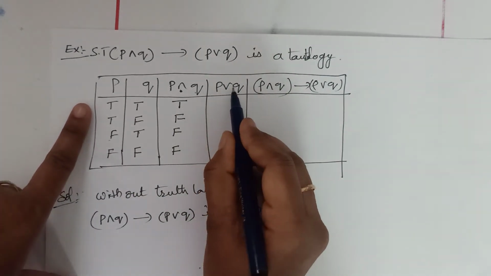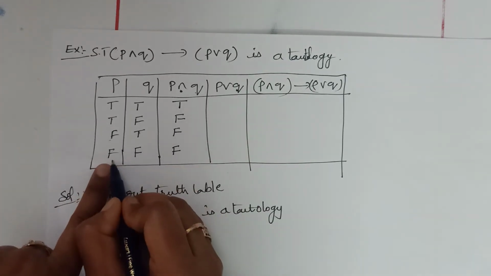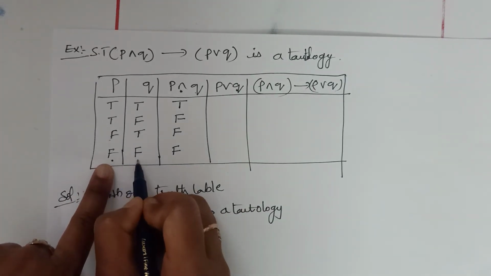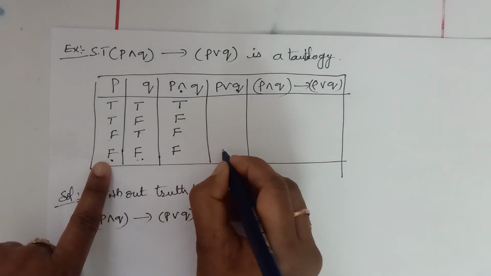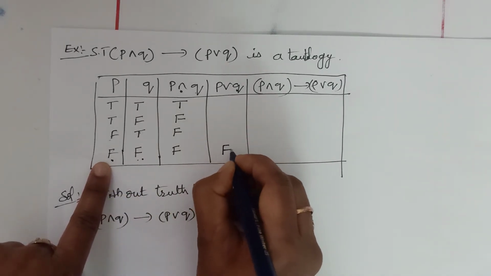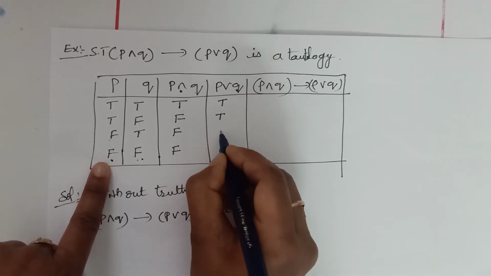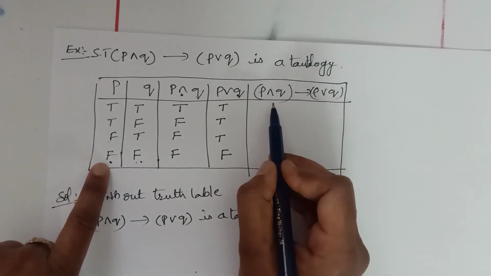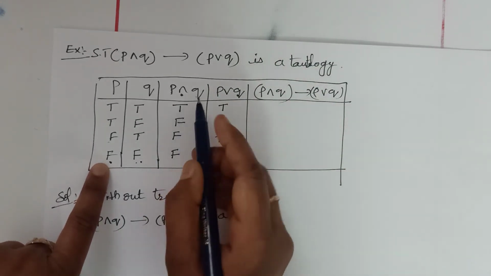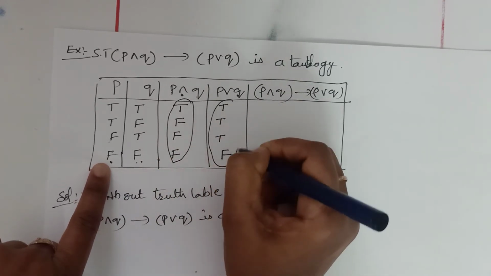In P or Q, only when P is false and Q is false is P or Q false. In all other cases it is true. Now this is P and Q and this is P or Q.